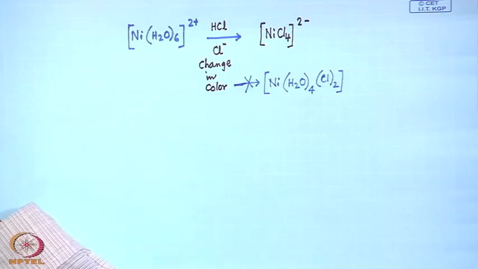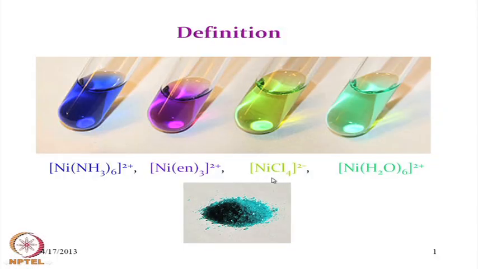This species forms with a typical color, green to olive green. Similarly, if we add ammonia to this aqua complex, we get a blue coloration.